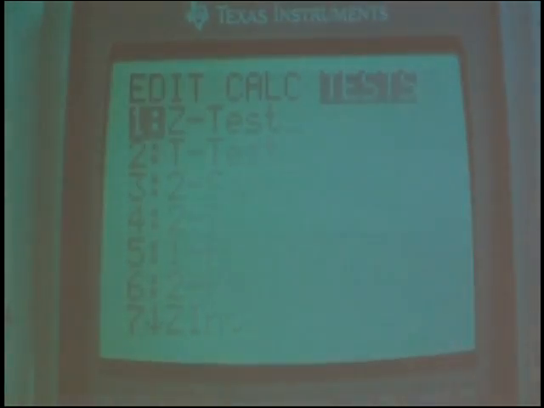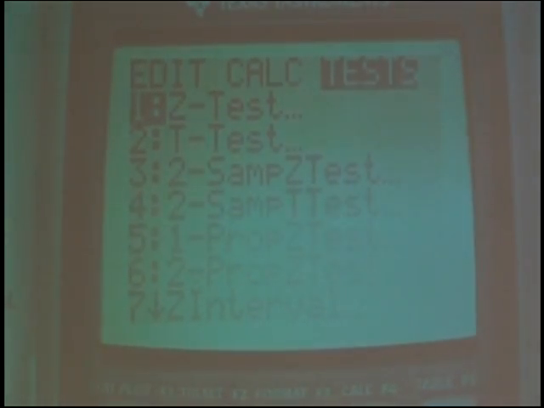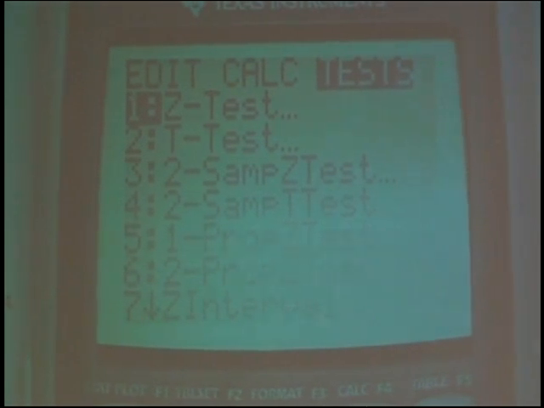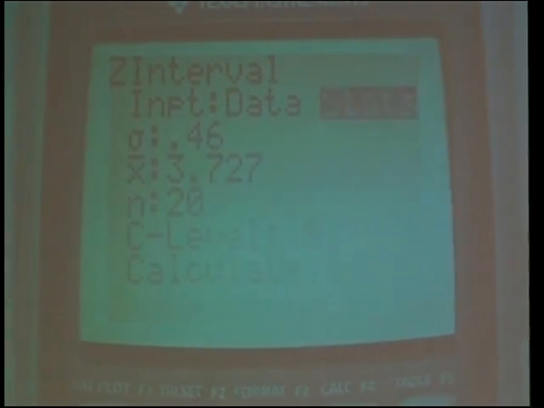I always struggle with this, don't I? I gotta play with this thing more. So Stat, 2 right-hand arrows over to the tests menu. This is the menu we're gonna use from here on out, pretty much. And you want to go all the way down to number 7, which is Z interval. Z interval is exactly this formula.